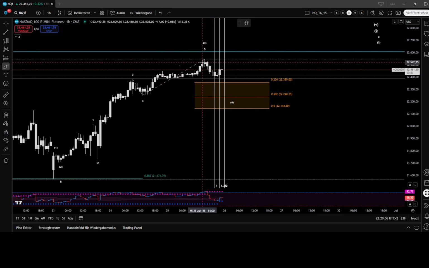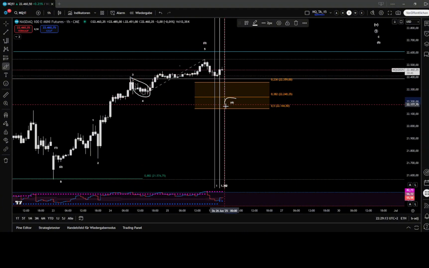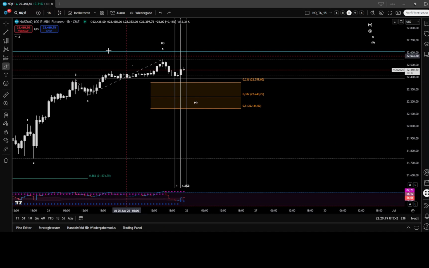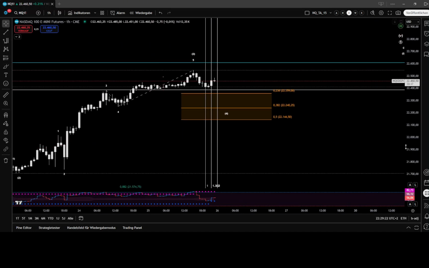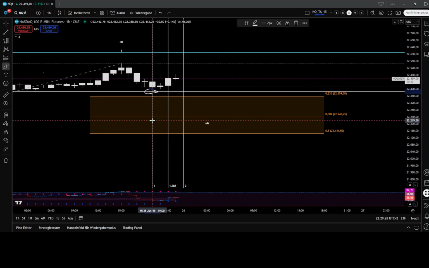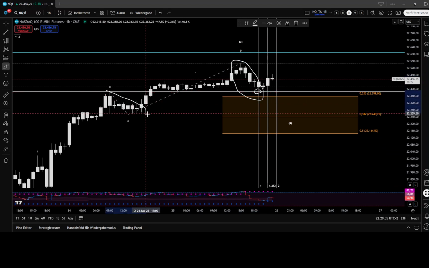And I put up the Fib time extensions, comparing the previous wave 4 of a lower degree with the higher wave 4, and we want this wave 4 normally to be a little bit longer in time. We directly finished that move on the 1 hour candle directly on the 100% time extension, which means that the move to the downside here is exactly the same length or duration as this wave 4 in time.